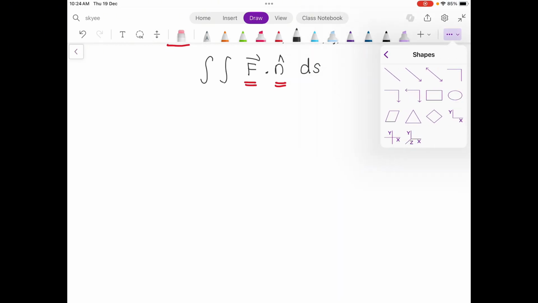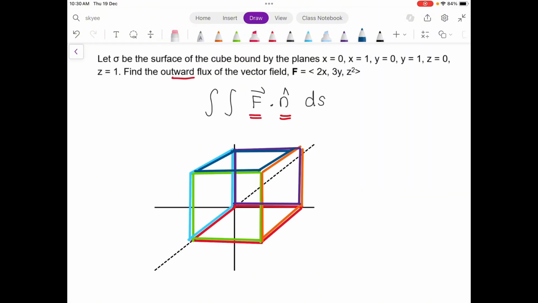This is the cube that I have drawn based on the information given, because it says that the cube is bounded by plane x equals 0. This is the x-axis. x equals 0 refers to this point, and x equals 1 refers to this point.